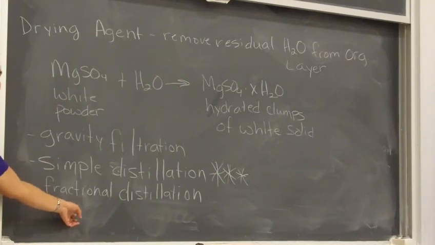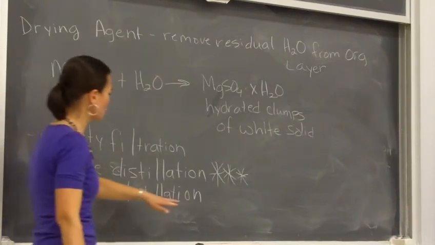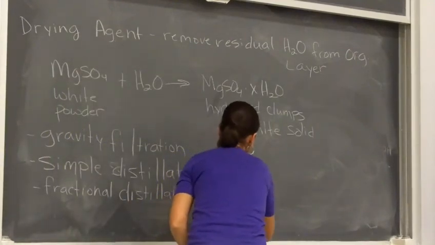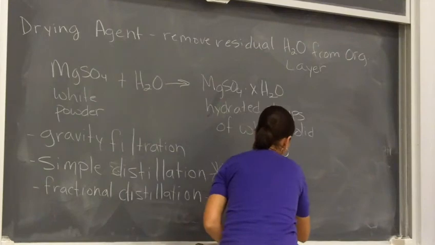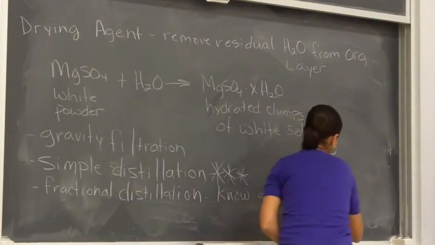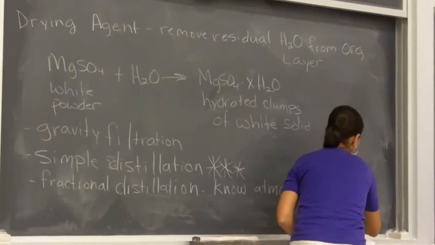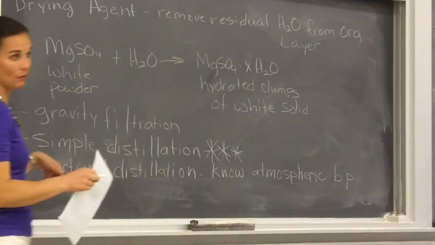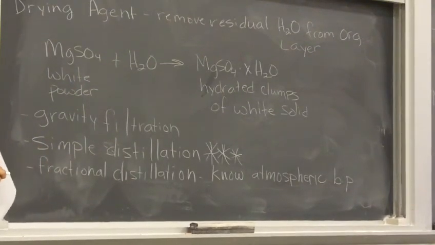With this fractional distillation, make sure you know the atmospheric boiling point of your particular alcohol that you're making, okay? Make sure you know the atmospheric boiling point, not one under vacuum. So it's going to be in the hundreds, not something less than 100.